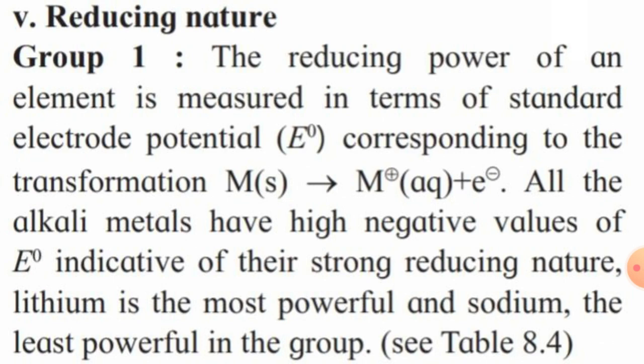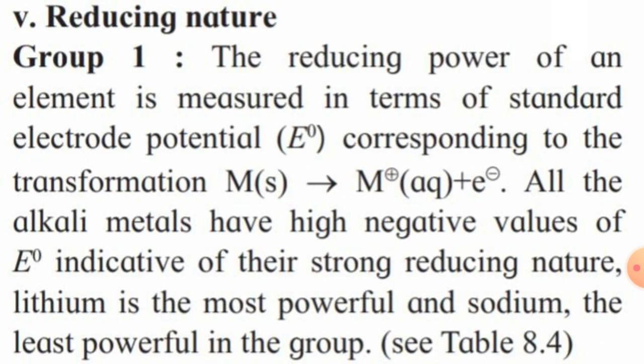So here all the alkali metals of group 1 have a high negative value of standard electrode potential, which indicates their strong reducing nature. Obviously, if the standard electrode potential value is high, that particular element will have strong reducing nature.